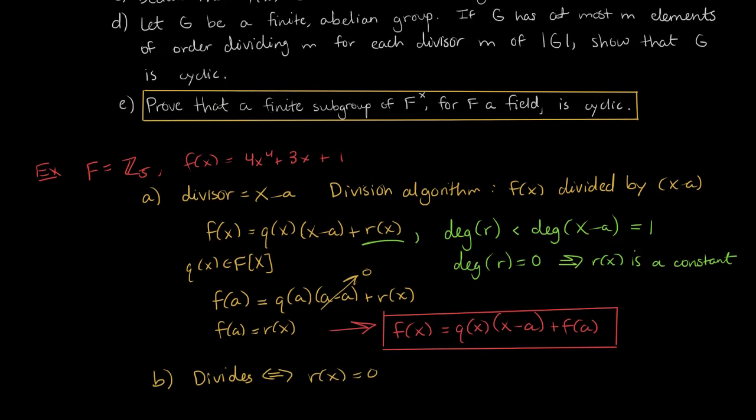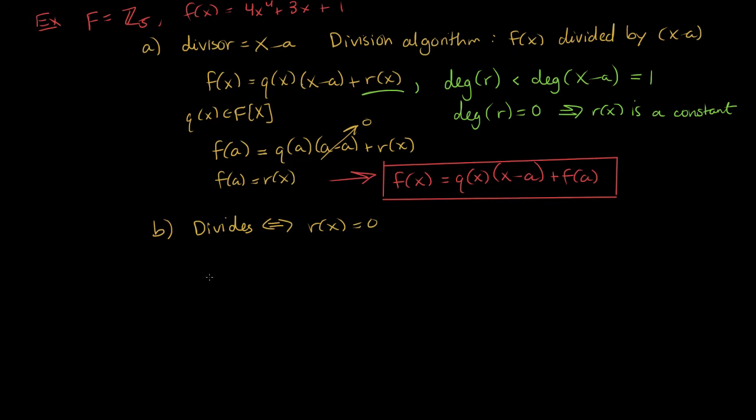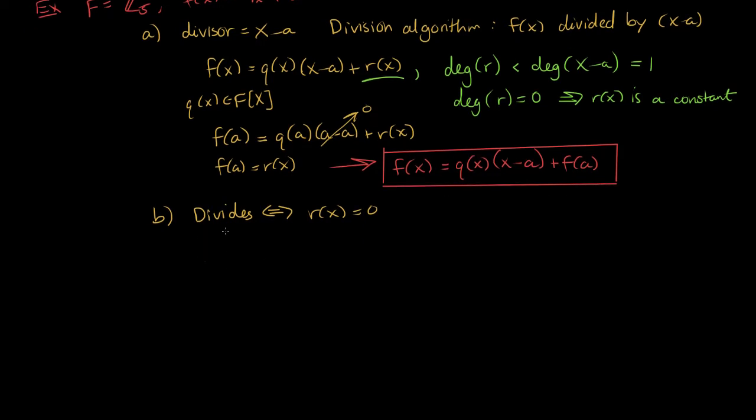And remember, a polynomial only has a root if f of a equals 0. So f of a equals 0 both ways is if and only if a is a root.